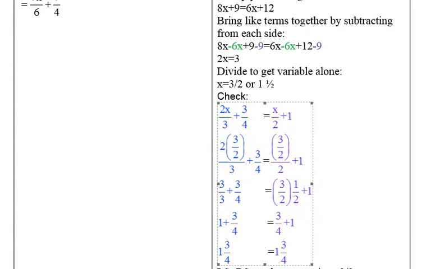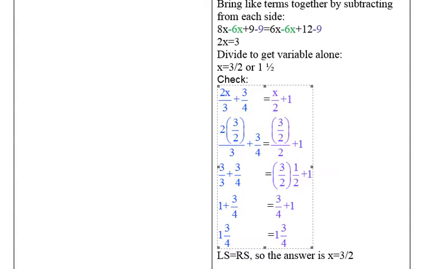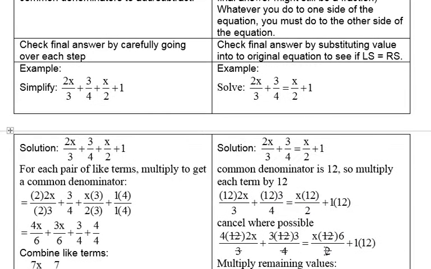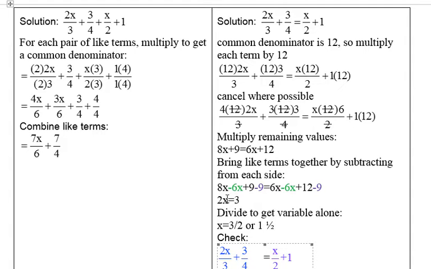And so on both sides we end up with 1 3/4. So our left side equals our right side. So the final answer that we thought we had from our solution, that x equals 3 halves, is correct.